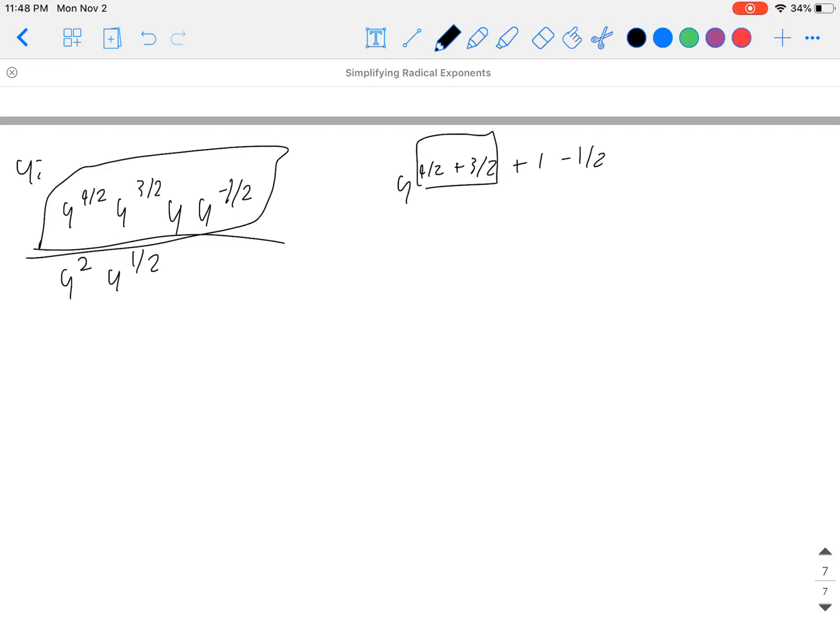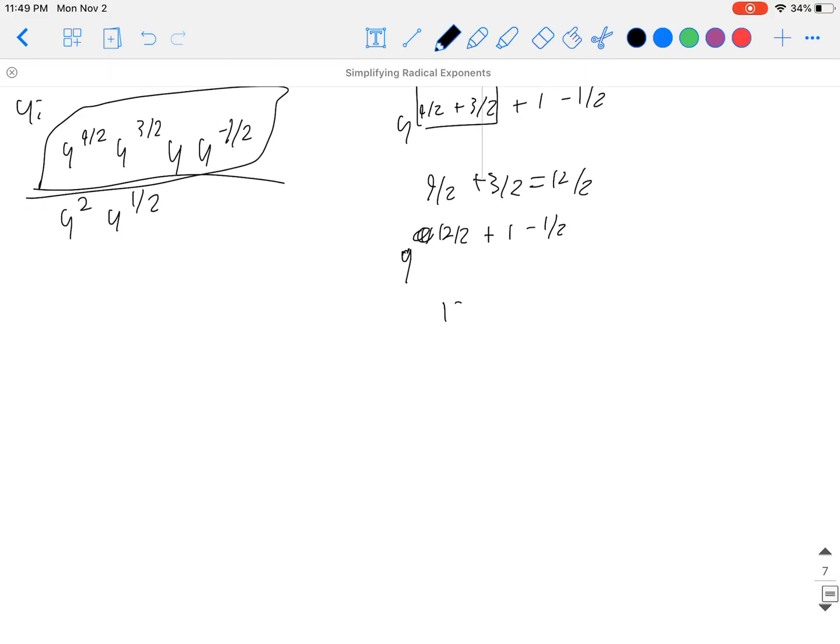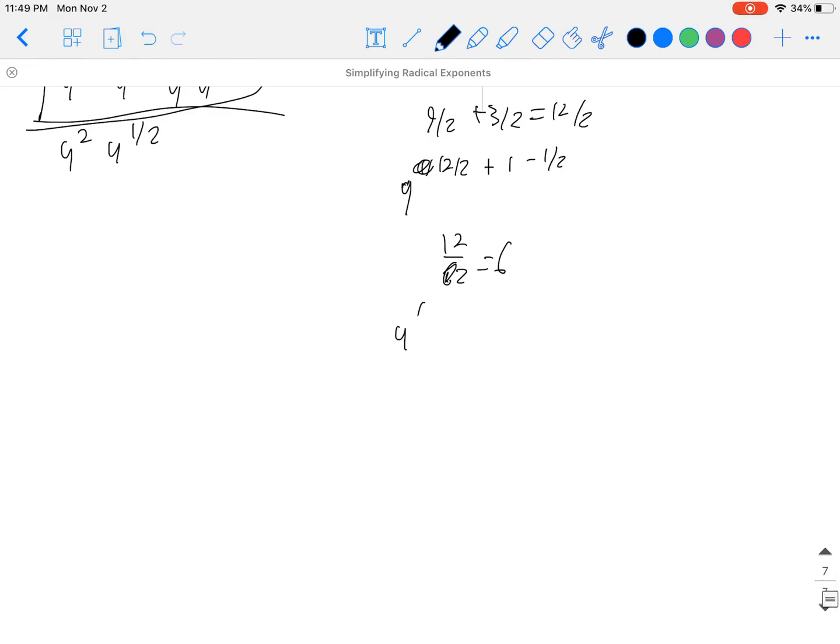So let's solve on the left this time. Let's do 9 over 2 plus 3 over 2, giving us 12 over 2. So we have y to the 12 over 2 plus 1 minus 1/2. So we can write 12 over 2, and we can simplify this as 6, giving us y to the 6 plus 1 minus 1/2. 6 plus 1 is 7, so y to the 7 minus 1/2.